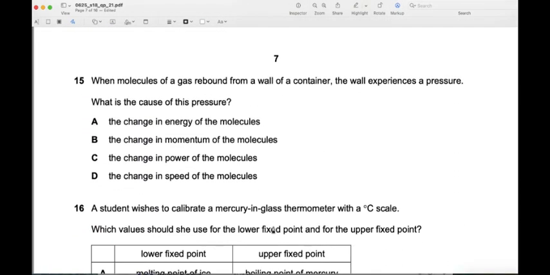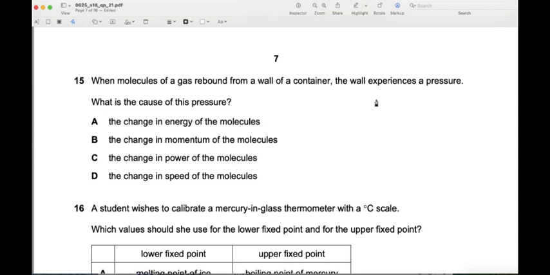Now we go to question 15. It says when molecules of a gas rebound from a wall of a container, the wall experiences a pressure. Every time a molecule hits the wall, it's like force over an area, because the molecule exerts a force on the wall at a particular spot.